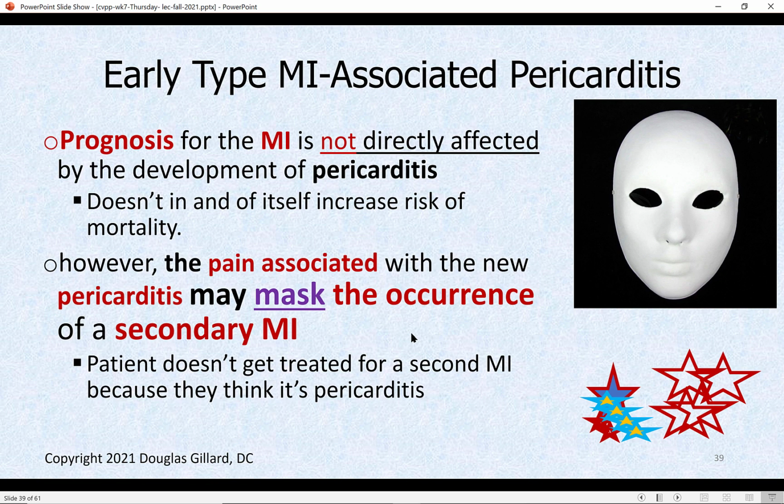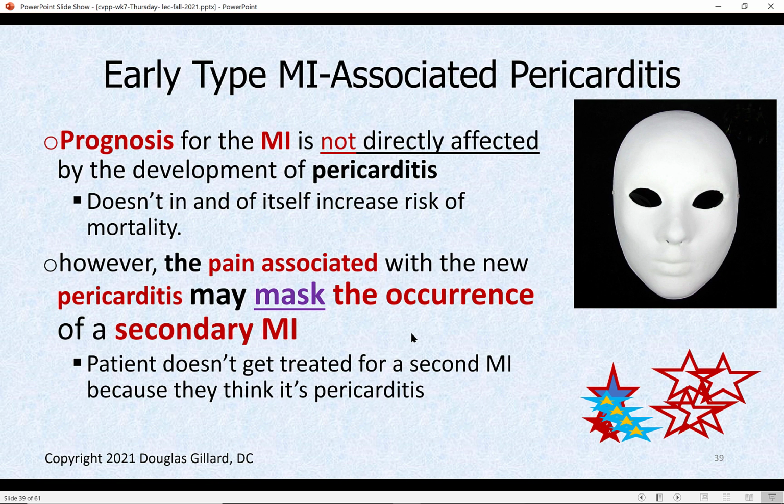And this slide drives home the point that the inflammation of the pericardium is not the danger in and of itself. I mean, you can always surgically take the pericardium out and live and do just fine.